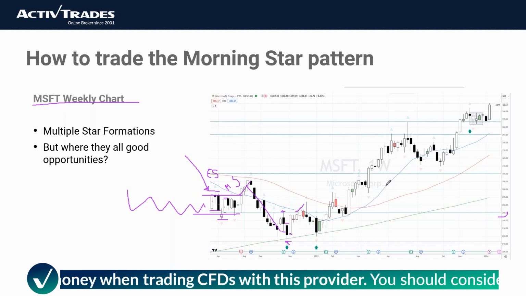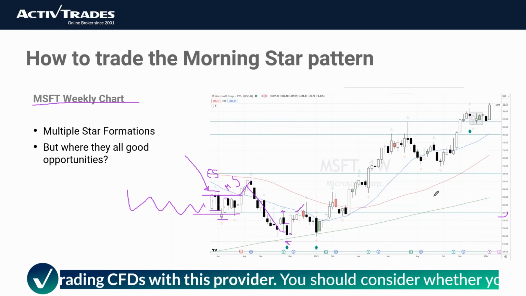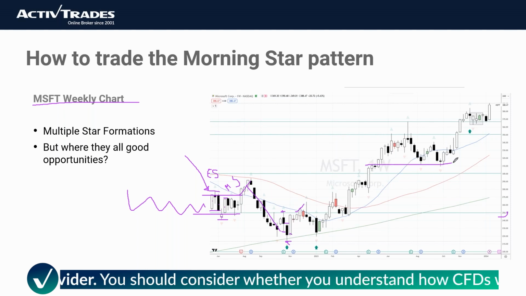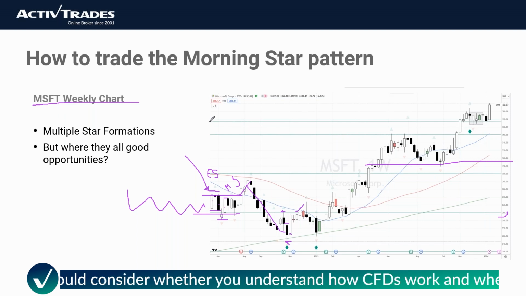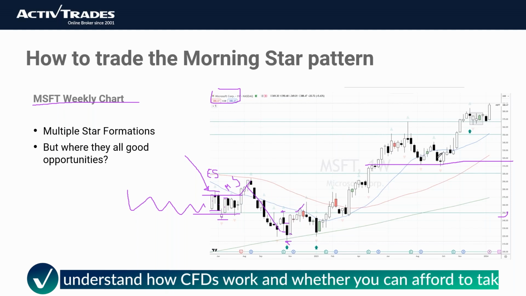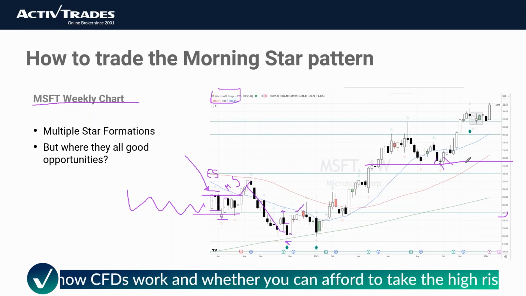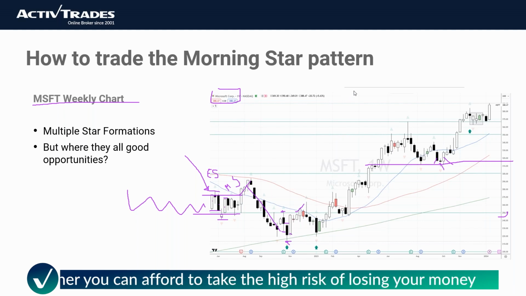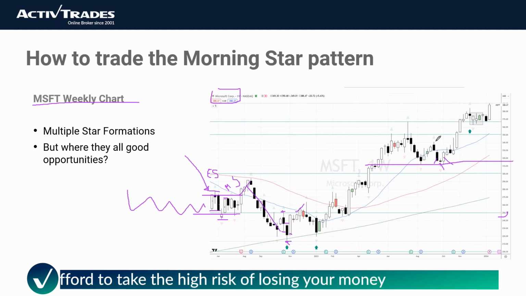And then we work our way through, and we do have a good version of it here on Microsoft Corporation. This candle here is a nice morning star formation, and that's one that is particularly pleasing.